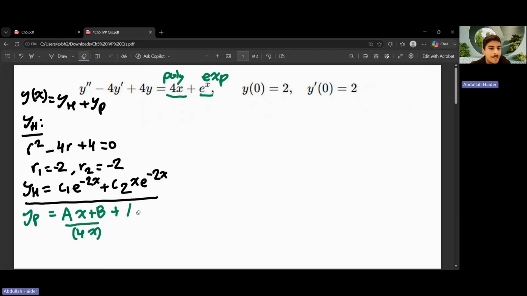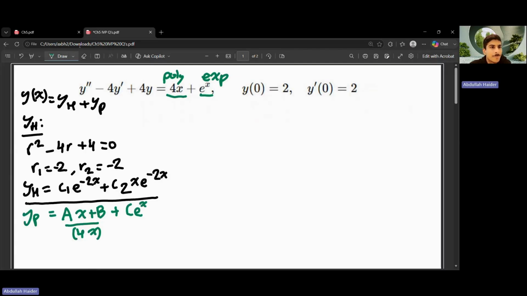And for this one we'll have c e power rx. I cannot repeat a again, so c e power rx, and since our r here is 1, we can simply put 1 here. So c e power x.